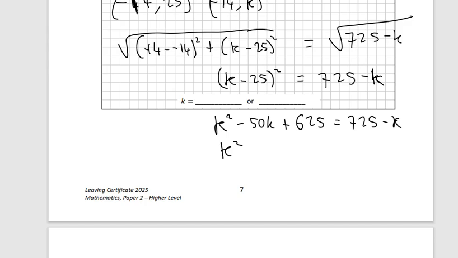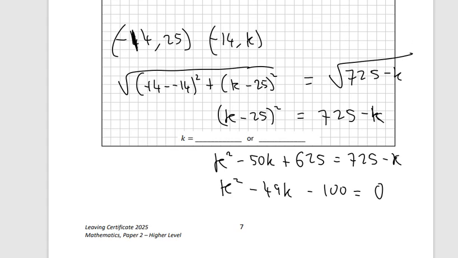You get k squared minus 49k minus 100 is equal to 0. Now, there's a mistake here. You may have noticed that I put in a 25 instead of a 23 there by mistake, and then I followed on. So change that and that.